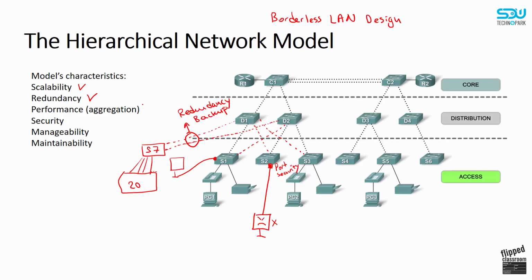Another characteristic of this model is the performance or the aggregation. So you can aggregate the link between switches. In case when you have interconnectivity between switch 5 and D3, and imagine that the speed between them is 1 gigabit per second, and when computer 3 wants to communicate with computer Y, they are communicating with the speed of 1 gigabit per second.